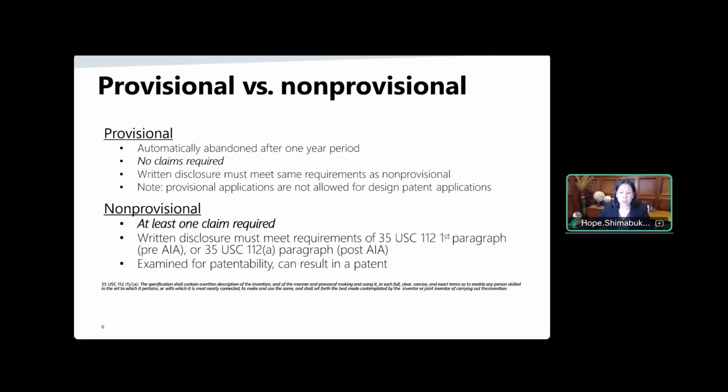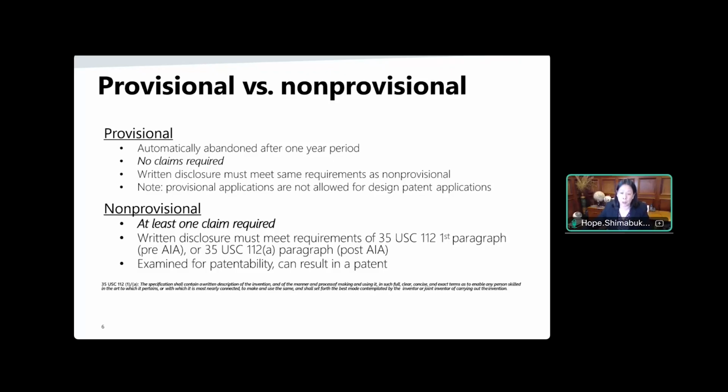It allows you to establish what we call a priority date up to 12 months earlier than a non-provisional application, and it's relatively inexpensive. But remember, a provisional application will never turn into a full-blown patent. You have to file a new non-provisional application in order for that to happen.